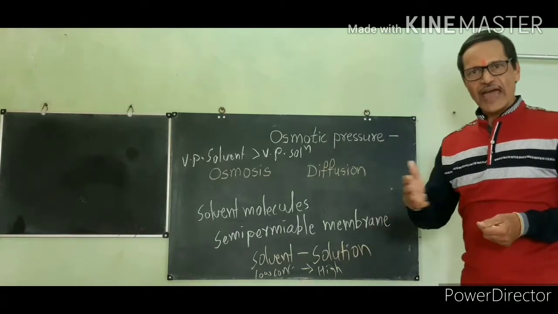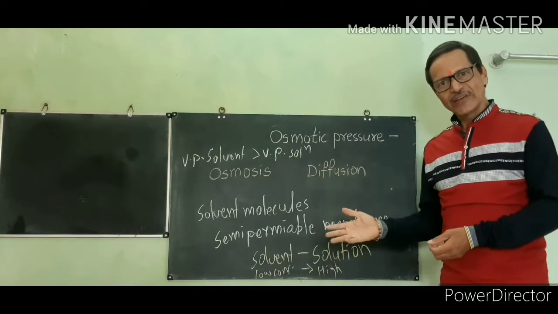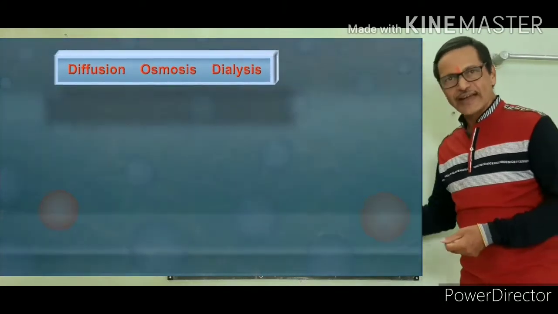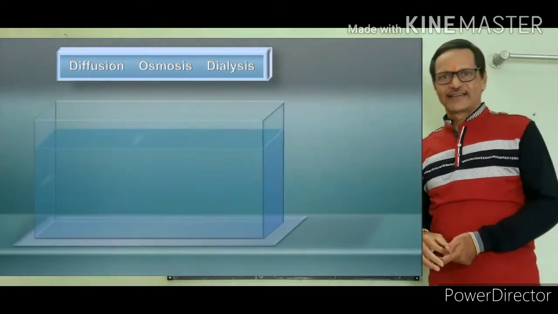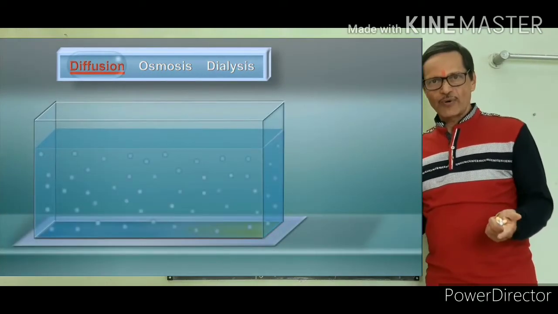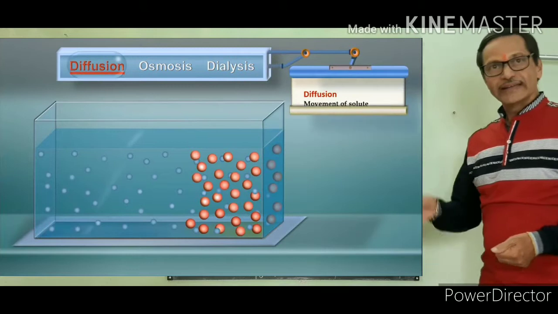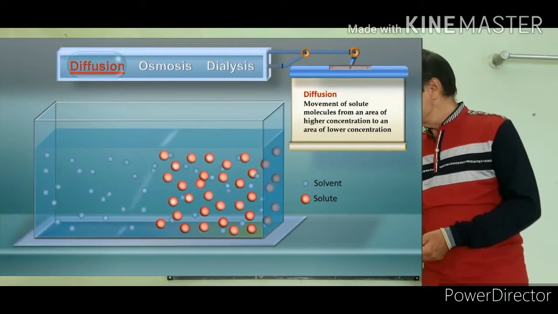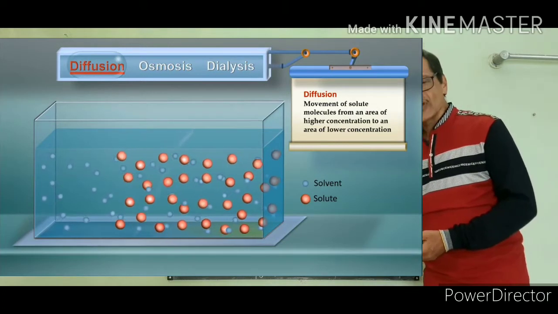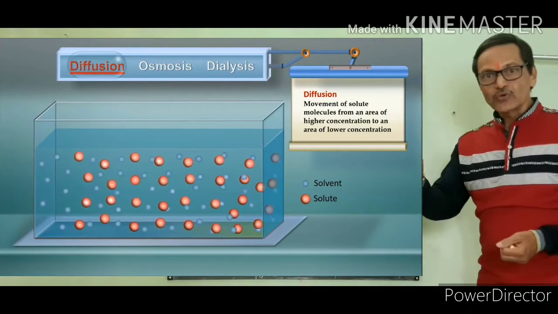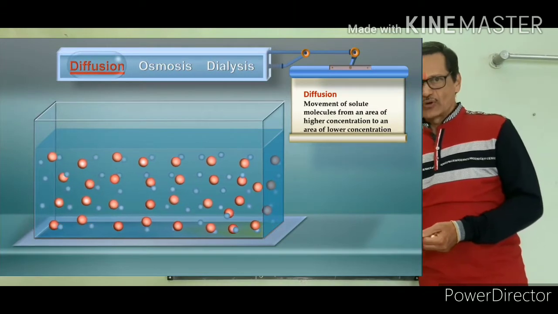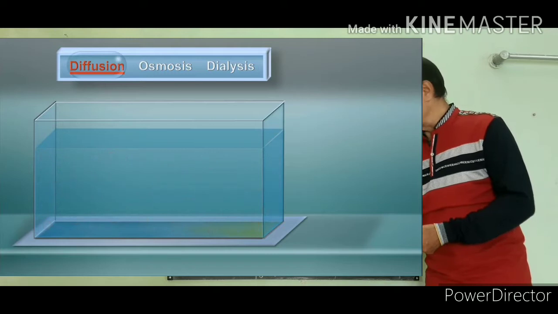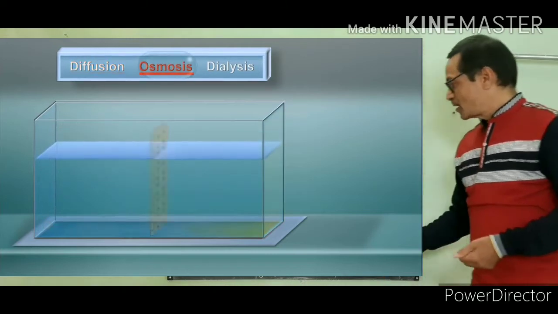So let us see one animation. In that animation, you will see what is osmosis, what is diffusion, and what is dialysis. You have heard about dialysis. In this animation, osmosis is the flow of solvent molecules to the solution part through semi-permeable membranes. Only solvent molecules, that is water molecules, are allowed to flow through the semi-permeable membrane.